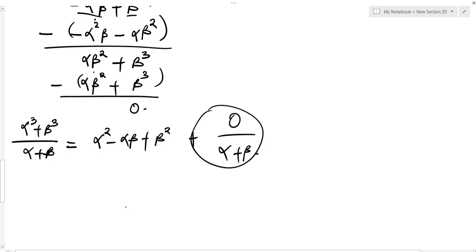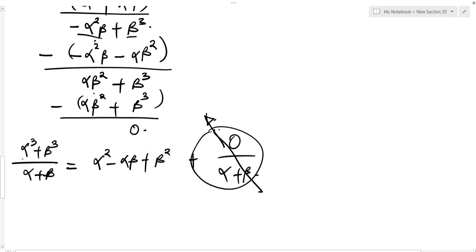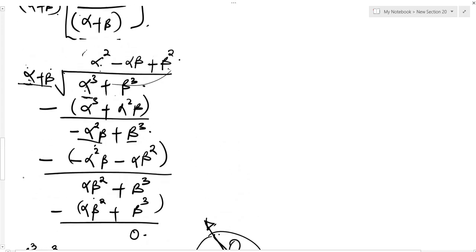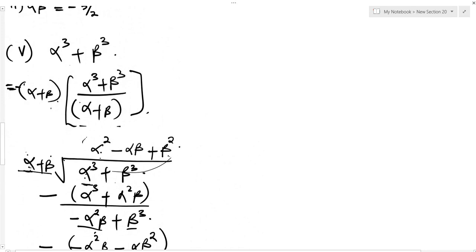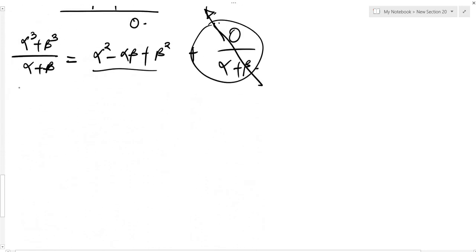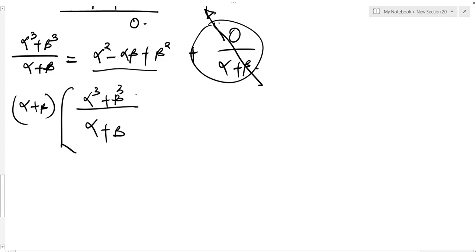So there is no need expressing it again. So that means alpha cube plus beta cube divided by alpha plus beta is equal to this. It's equal to alpha square minus alpha beta plus beta square. So if we replace it with what is in here, so now we have alpha plus beta all times alpha cube plus beta cube divided by alpha plus beta.